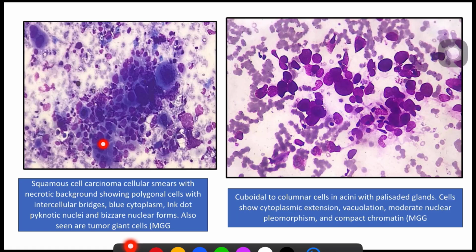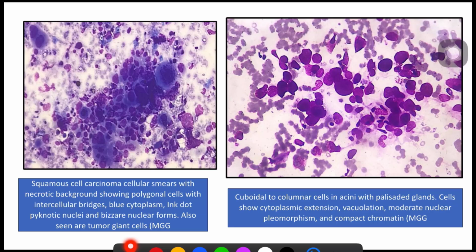So, here you can identify these are the polygonal cells with cell enlargement, hyperchromasia and abundant cytoplasm, and this is squamous cell carcinoma in a lymph node having metastasis. Here the cell pattern is different, but aggregates are there.